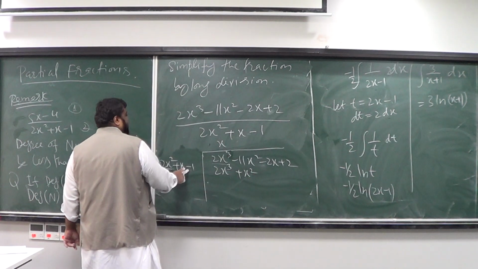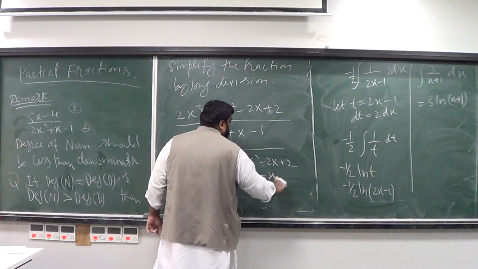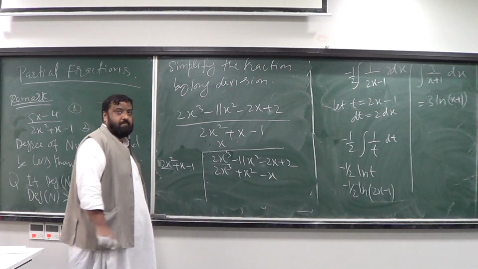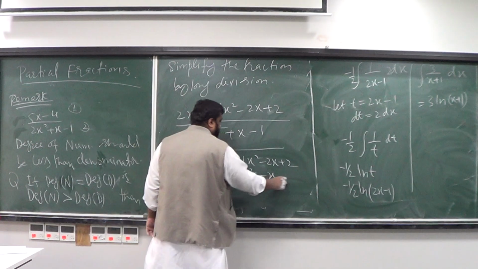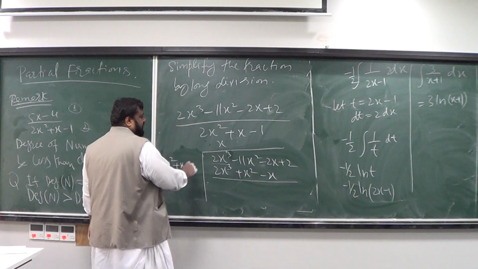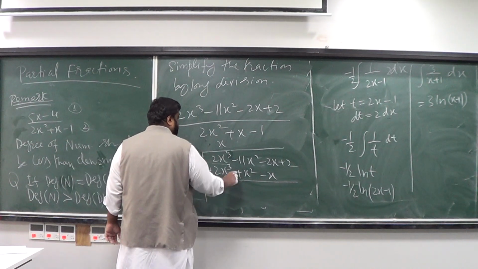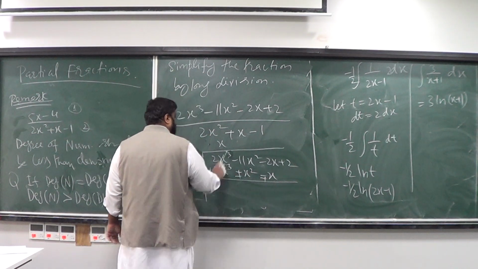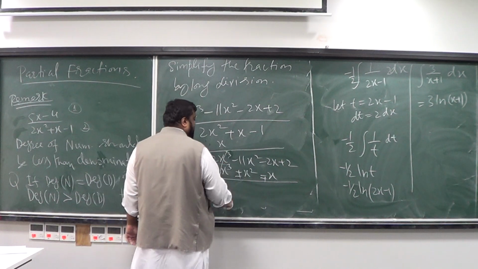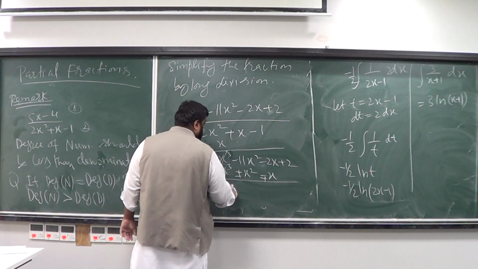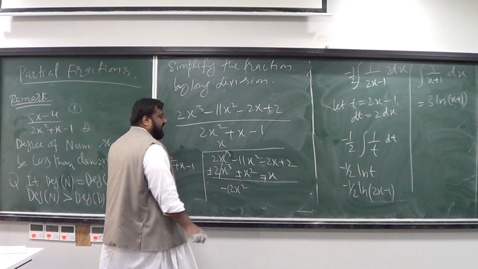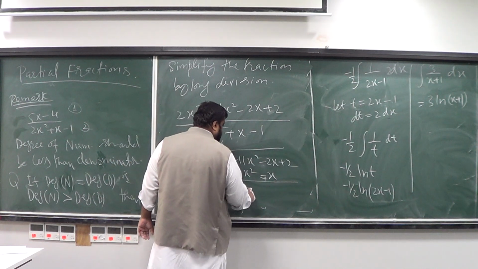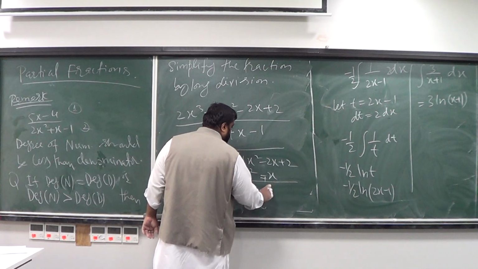And if I multiply minus 1 with x, this will become negative x. And then simplify. When you simplify, you have to subtract. So these two terms will go away. 11x square minus x square is going to be 12x square. And minus 2x plus x is going to be minus x plus 2.